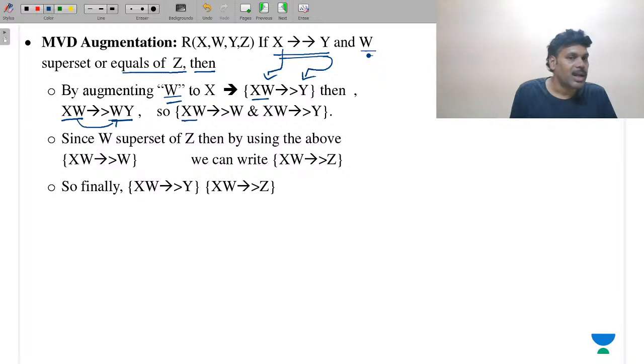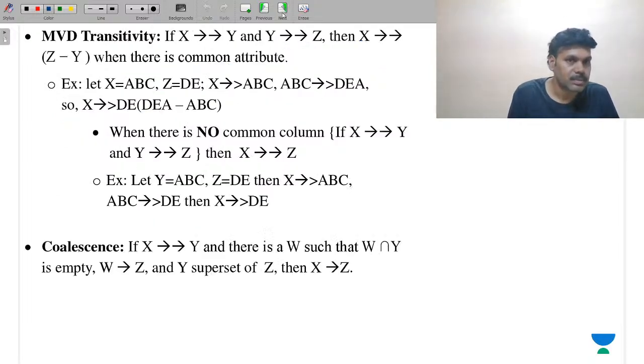So you will get XW implies W. One more, XW implies Y. This is the concept of augmentation. So you will get two productions here. Transitivity, you know. What is transitivity? If X implies Y and Y implies Z, I can write X implies Z also.